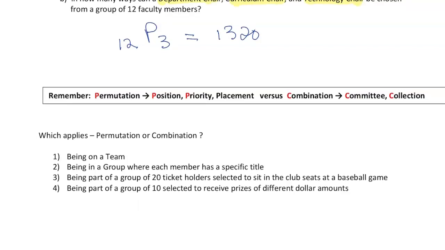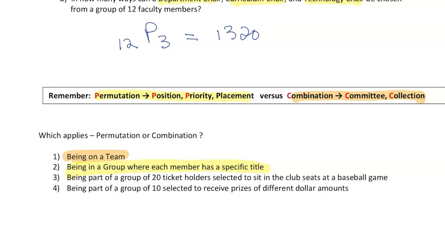Okay, big things to remember. Permutation goes with position, priority, placement, versus combinations: committee, collection. Let's see if we can figure this out down here. Being on a team, that is a combination. Being in a group where each member has a specific title, that is a permutation.